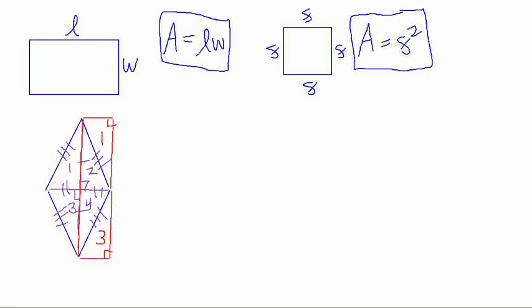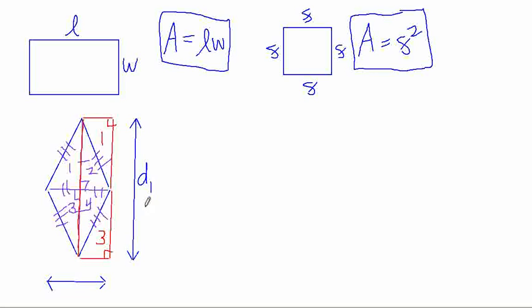Now, let's suppose that the diagonals of the rhombus had length D1 and D2. So let me draw D1 and D2.